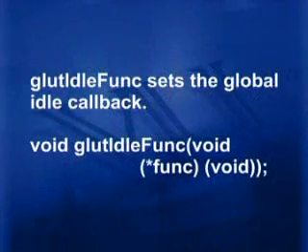glutIdleFunc sets the global idle callback. void glutIdleFunc, void, typecasted as func, void. So when we mean to say global idle callback, that means that whatever is set as the glutIdle function would be globally used. Whenever we have an idle state, this function would be called.